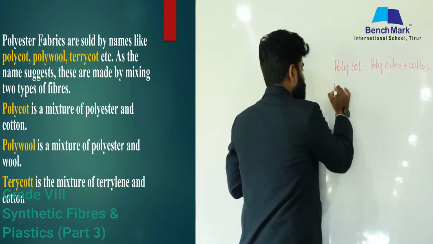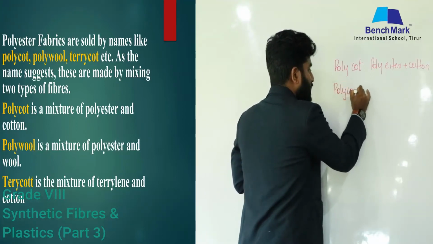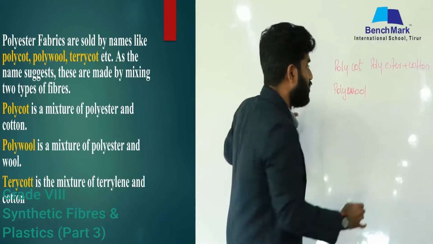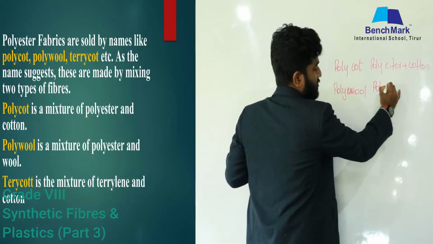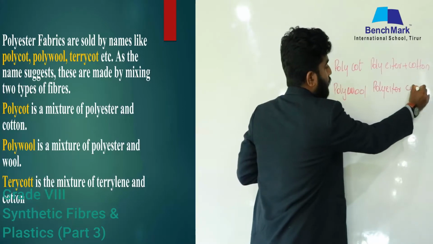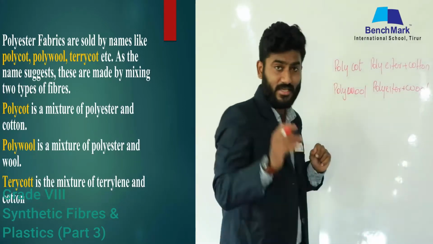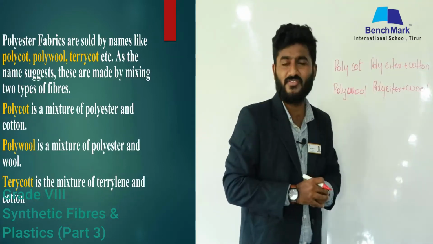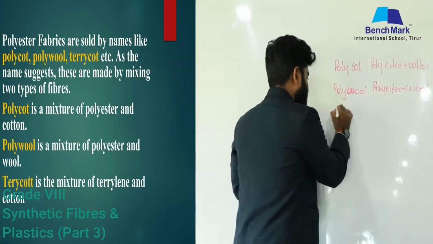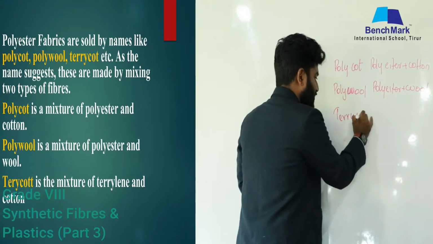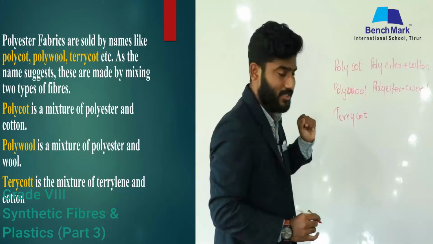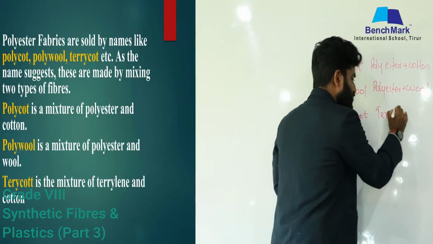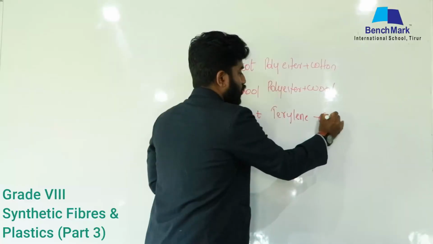And the second combination is polywool. What is the speciality of polywool? Here you are mixing polyester with wool, which is a natural fiber. Here polyester is an example of a synthetic fiber. One more example is terrycot. Terrycot is a mixture of terylene with cotton.